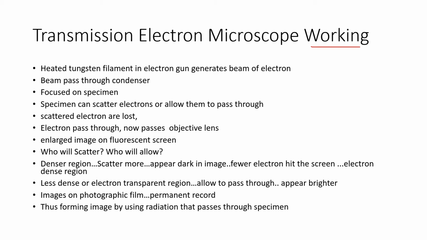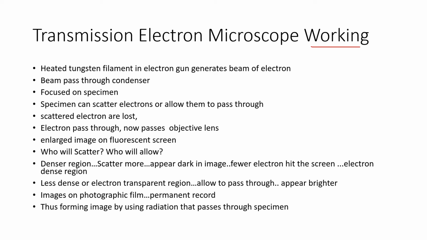condensers, and then the electrons can either scatter off the specimen, or they can pass through the specimen. I'm repeating it again. When the electron beam is focused onto the specimen, the specimen can either scatter the electrons or allow some of the electrons to pass through it. So the scattered electrons from the specimen are of course not hitting the objective lens, so they are getting lost.